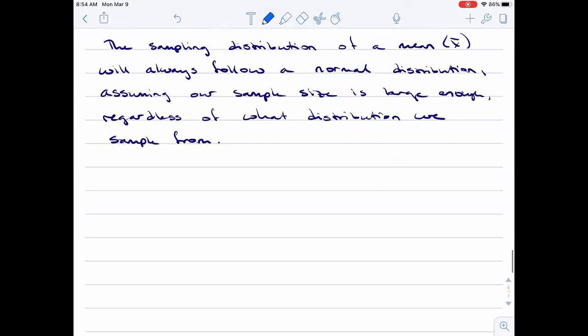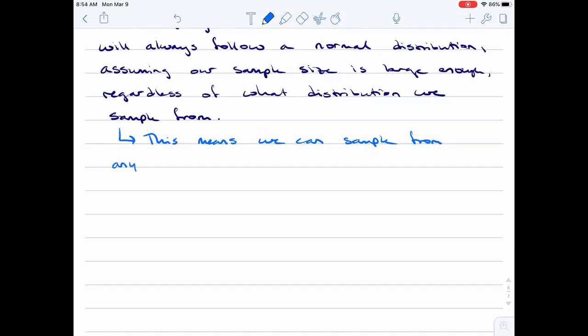Okay, so what does this mean for us? This means we can sample from any distribution. I'll put a couple just to jog your memory: you can have a skewed distribution, bimodal distribution, and a normal distribution.